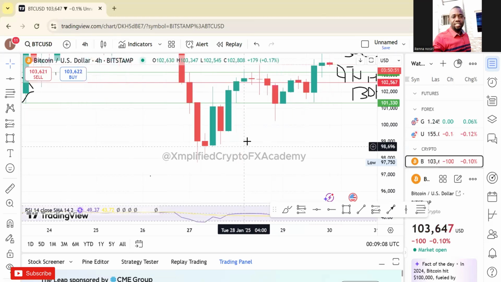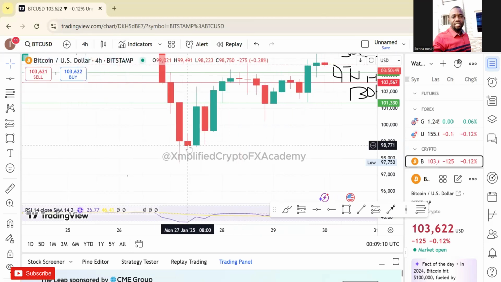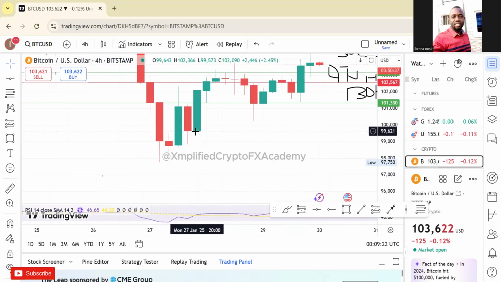The market closed the previous 4 hours at 98, then the next candle closed at 101, showing you that there is a massive buy here.